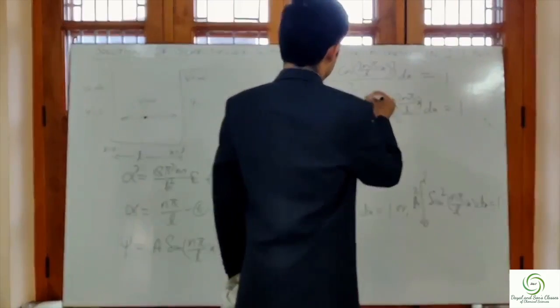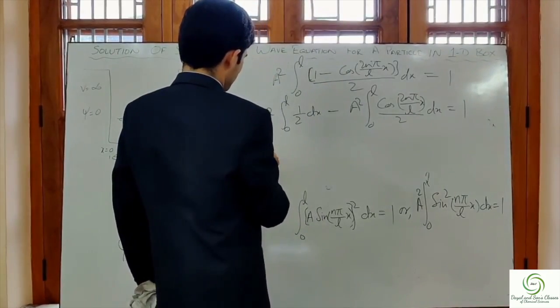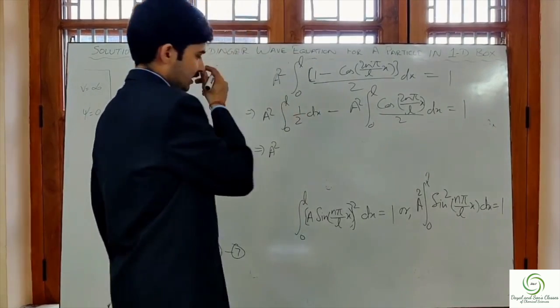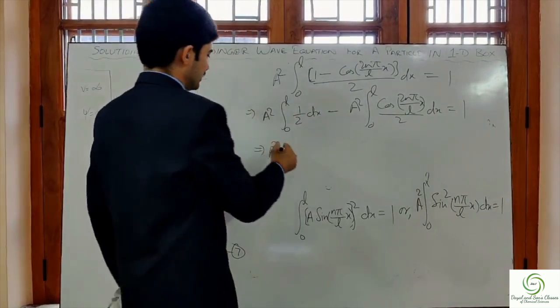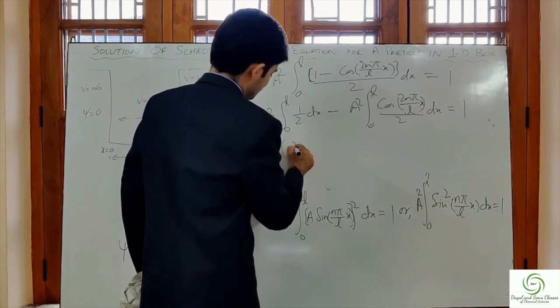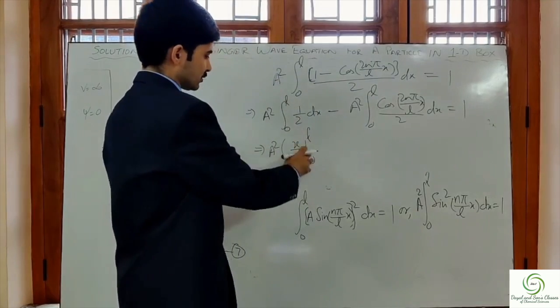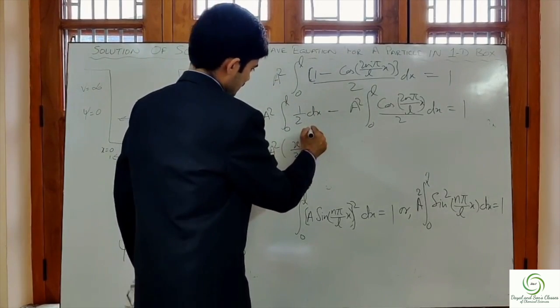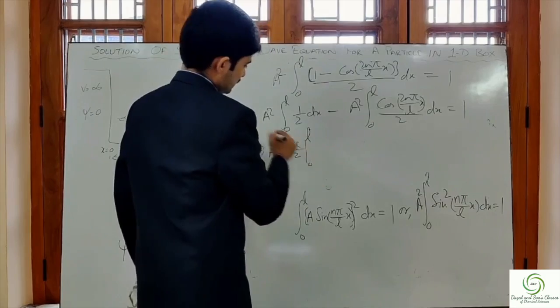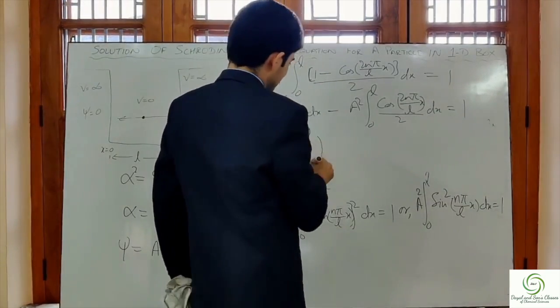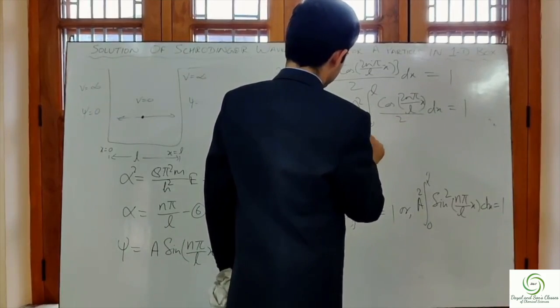From 0 to L, which implies a squared. Now the integration of half will be x by 2, with limits 0 to L, minus a squared.